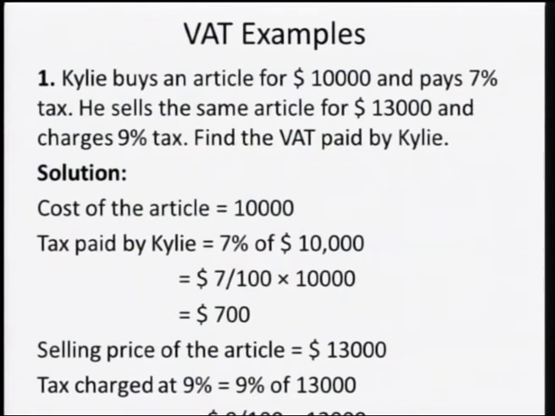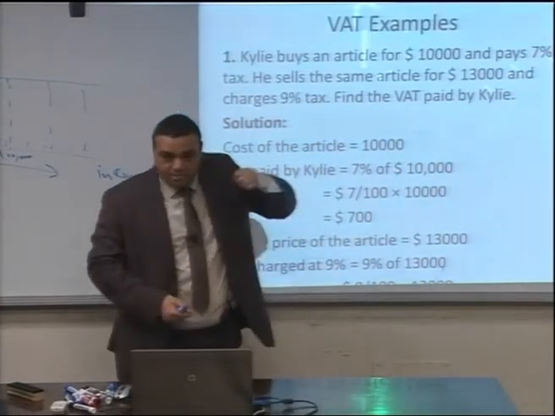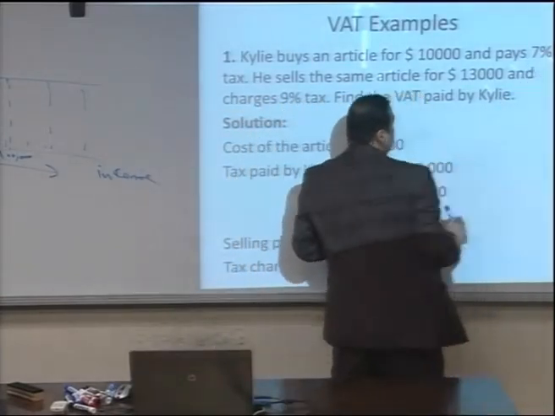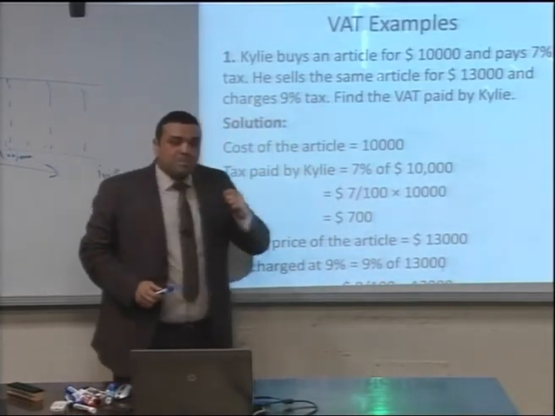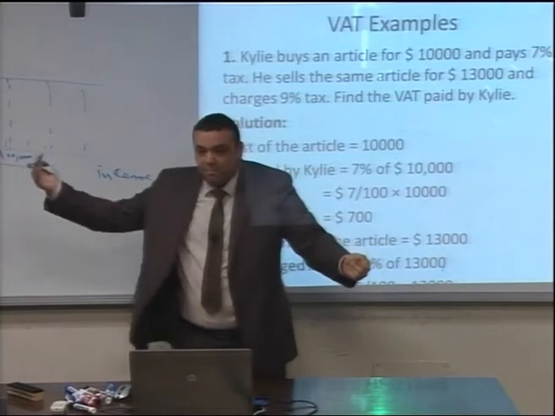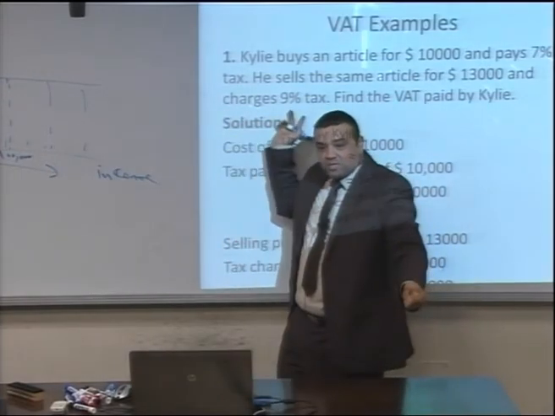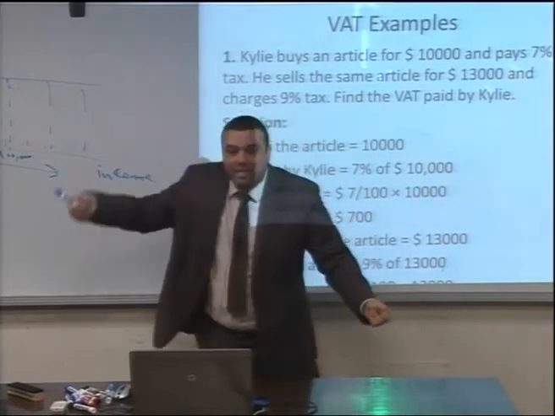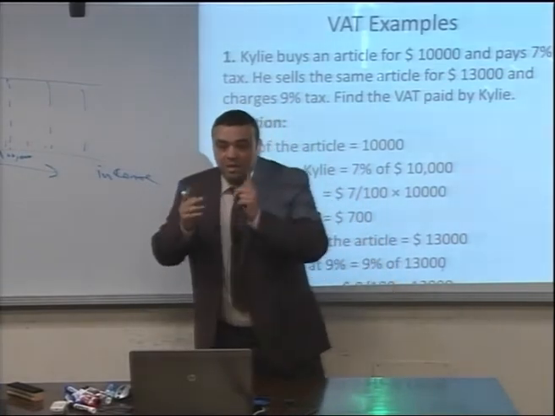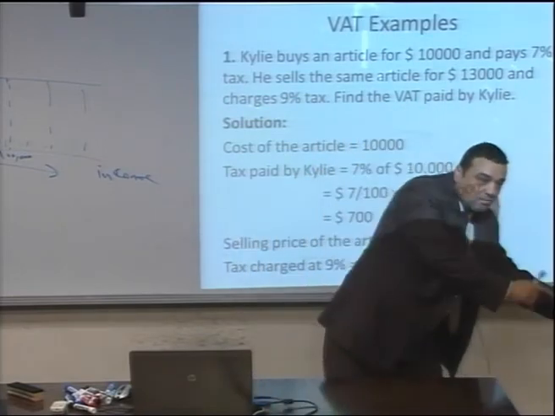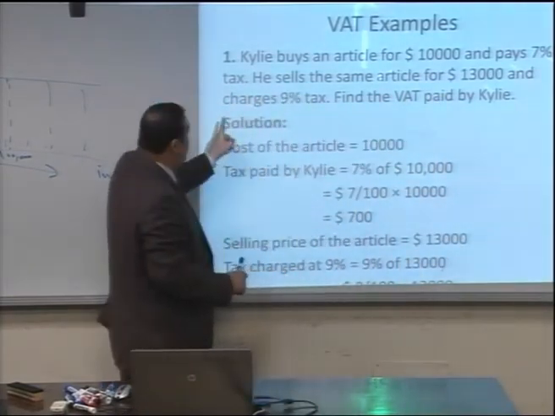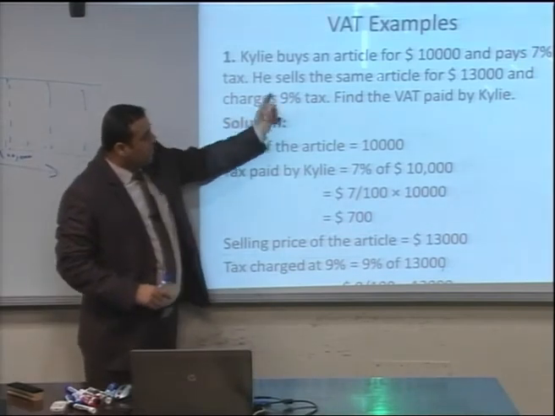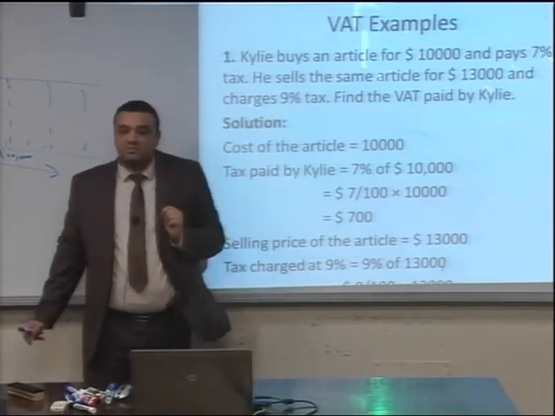He buys it for $10,000, paying consumption taxes, purchasing taxes of $700, and he sells the same article for $13,000 and charges 9% as a tax.